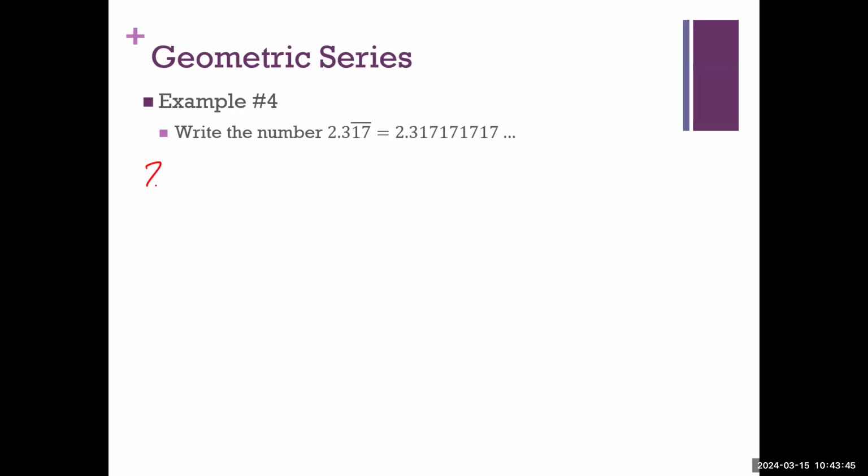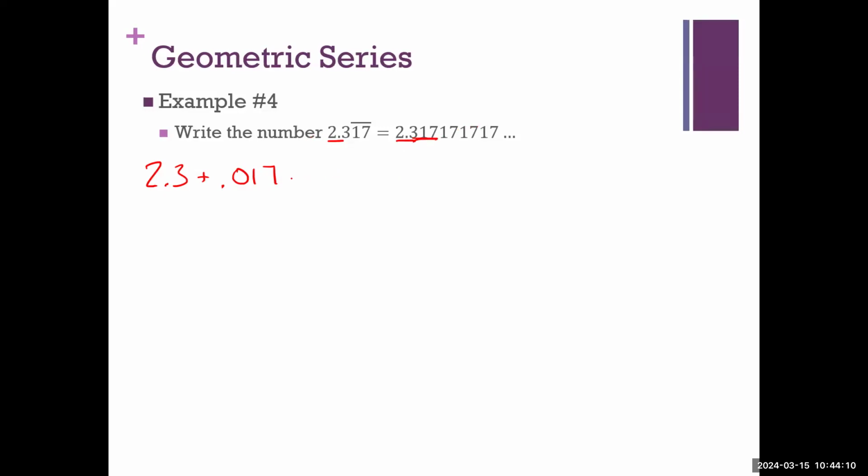2.3 plus. So here's the 2.3. Plus 17 times 10. So plus, for now, let's just say 0.017, right? So that covers this part of the number.